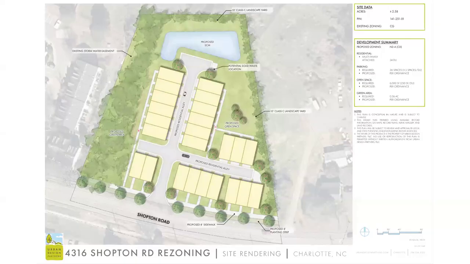We have a previous boundary survey as well as a topographic survey, but they did not pick up trees that are required as part of the UDO rezoning process. So an additional survey is going to be required.